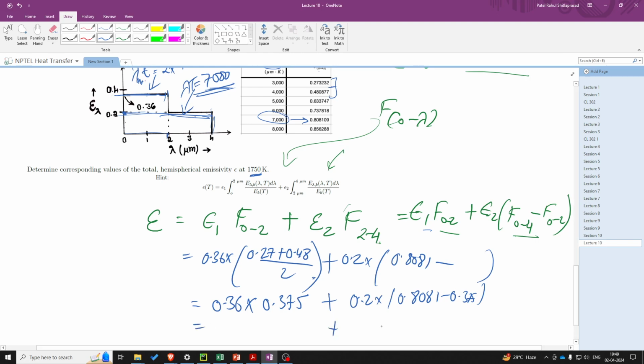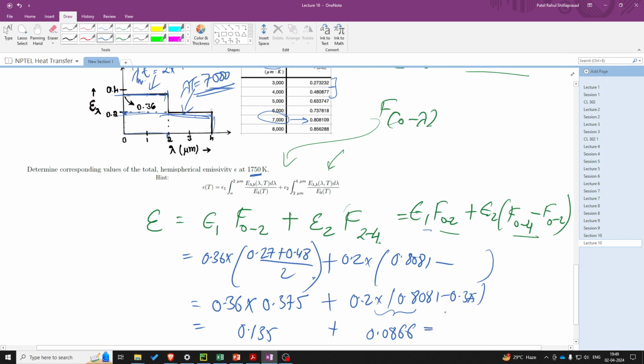This will come around 0.0866, yes, 0.36 into 0.375, 0.735, that's 0.0866.